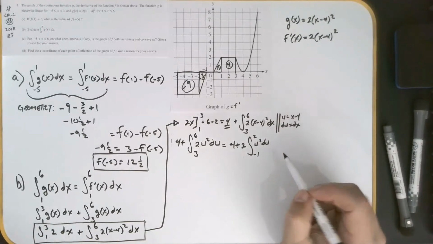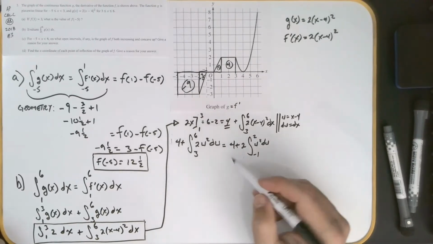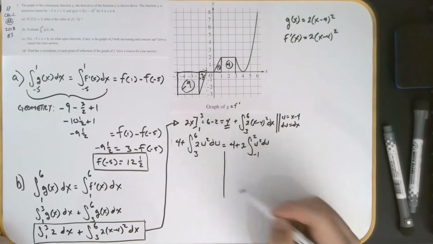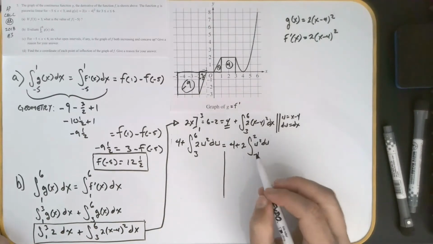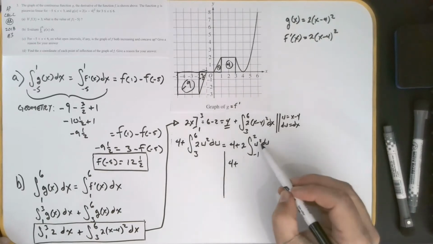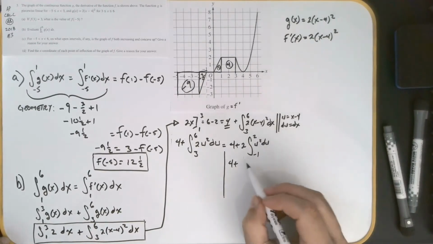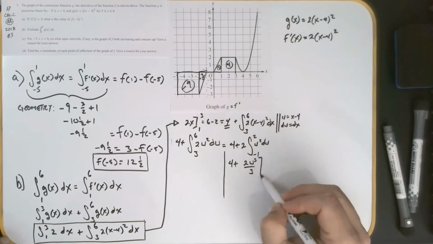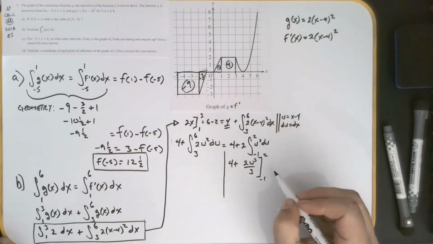Now, if you don't like that, you can leave these as x-based, and we'll put u back in. I'll do it both ways. I'm going to continue this way, go down now, and then come back and tweak this one. We wind up with 4 plus, add 1 to the exponent, divide by the new exponent, so it's u cubed over 3 times 2. So I get 2 u cubed over 3, evaluated from -1 to 2.